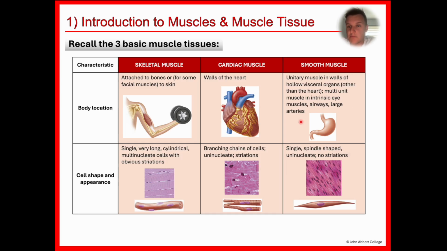Over here, you have smooth muscle. This is a unitary muscle in the walls of hollow visceral organs, so other than the heart, right? An example of this is in the digestive system.